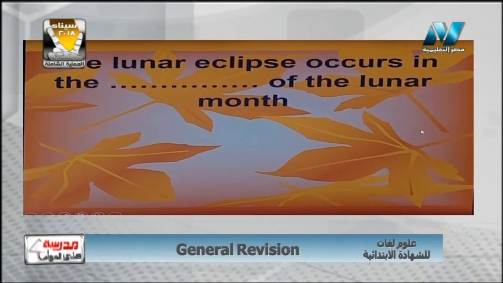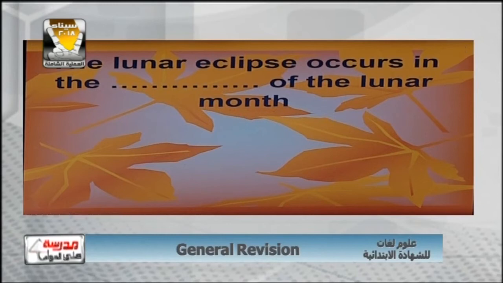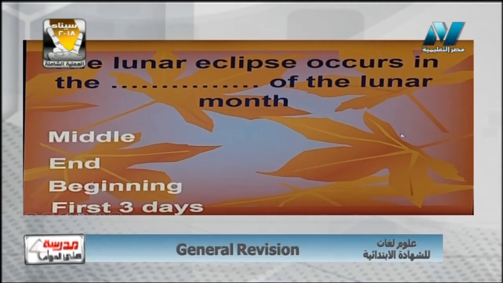Number 6: lunar eclipse occurs in the what of the lunar month? Be careful, lunar eclipse is related to the moon, and the lunar month is the Hijri month. So when does the lunar eclipse occur? We have the middle of the month and the beginning or first 3 days.